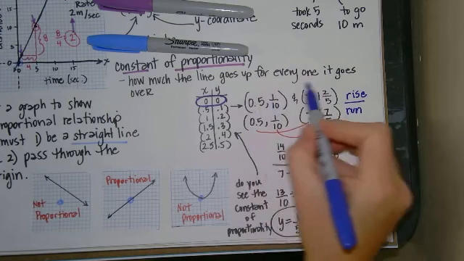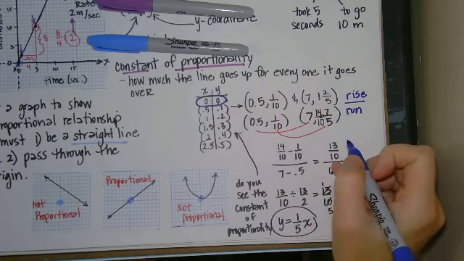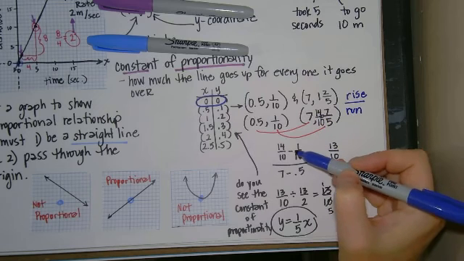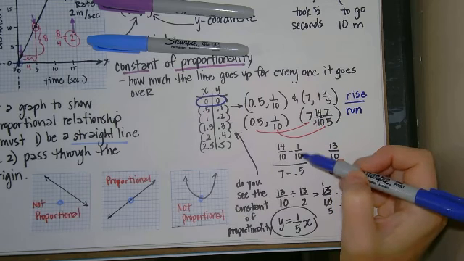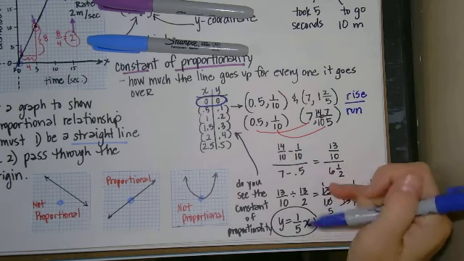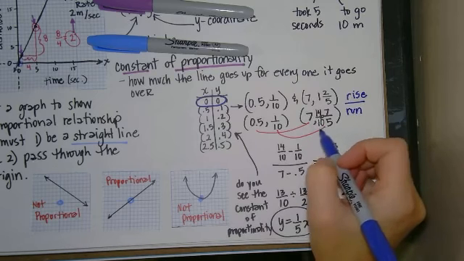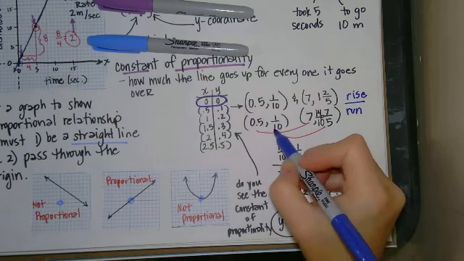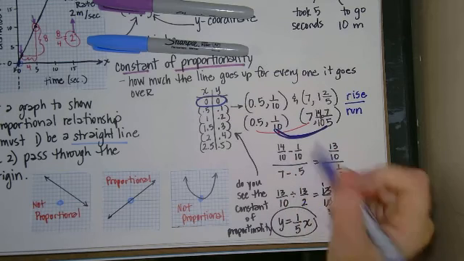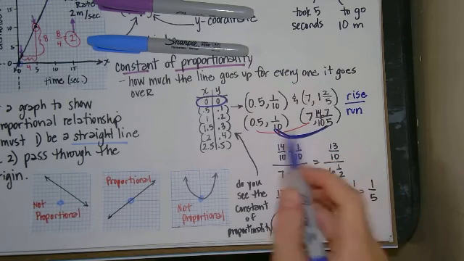So when I take these coordinate pairs, and these are just some that were given as an example in your book, then we're going to look at the difference between these numbers. So I'm going to take 14/10 minus 1/10, and I get 13/10, so that's right here. That's the rise.